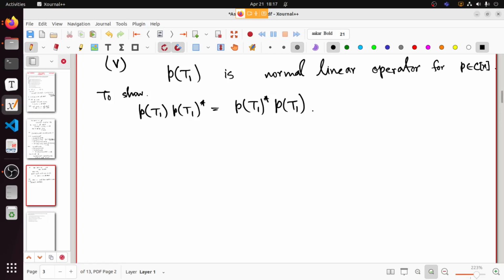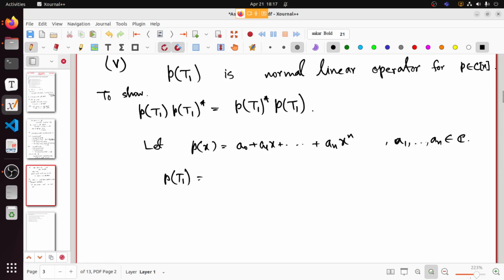So let's take this polynomial: let P of x equals a naught plus a1 x plus dot dot dot an x to the power n, where a1, a2, dot dot dot an are complex numbers, right? Then P(T1), how is it defined? It is defined as a naught times identity plus a1 times T1 plus dot dot dot an T1 to the power n, right?